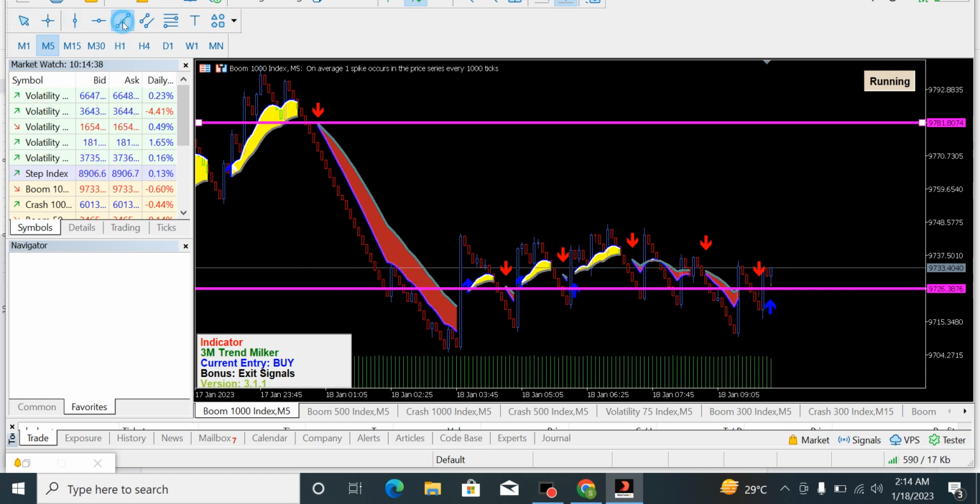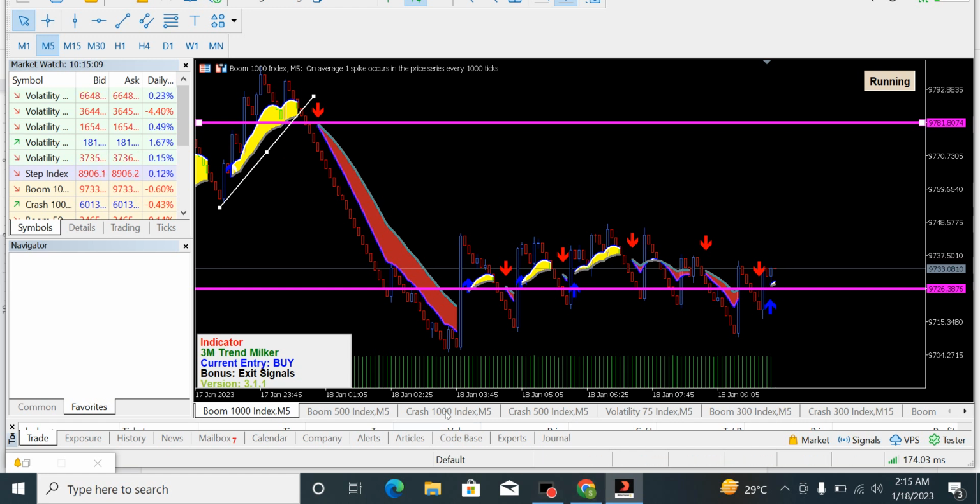All you need to do is make sure you map out this ranging region, and the horizontal line here is the support zone. You can also use this trend line to map out where we may likely have the breakout. All you need to do is wait for this breakout to happen right from there. Once it happens, then you can jump into the trade. And guys, this is very easy to do.